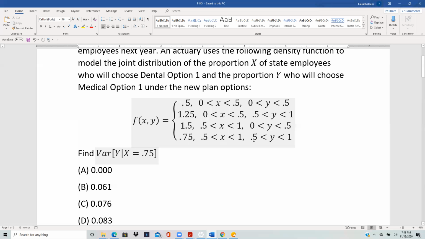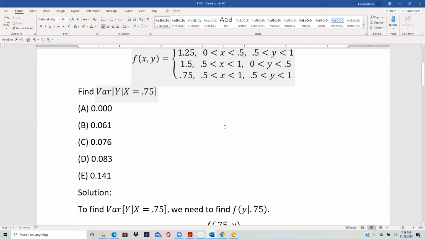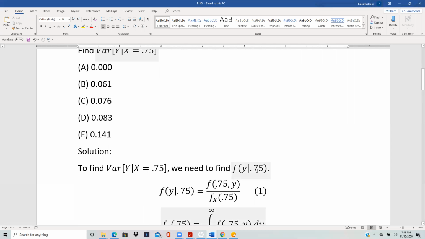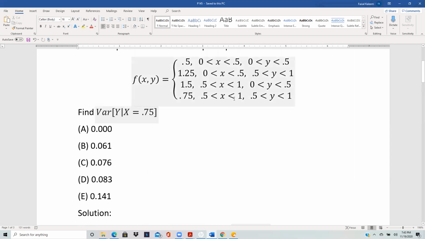And when y goes from 0.5 to 1, the function is 0.75. And this holds for whatever x values you have between 0.5 and 1. So the significance of 0.75 for x is that it's between 0.5 and 1, which means you're looking over here, because the other two are for x between 0 and 0.5.